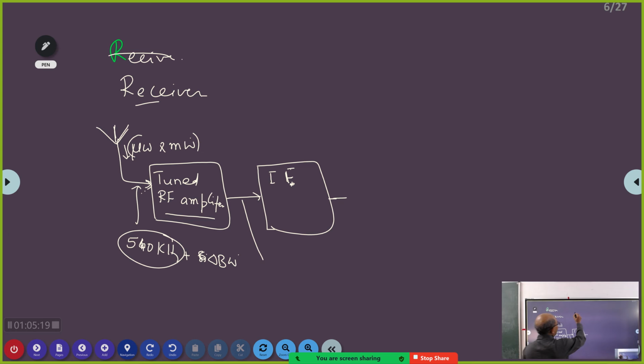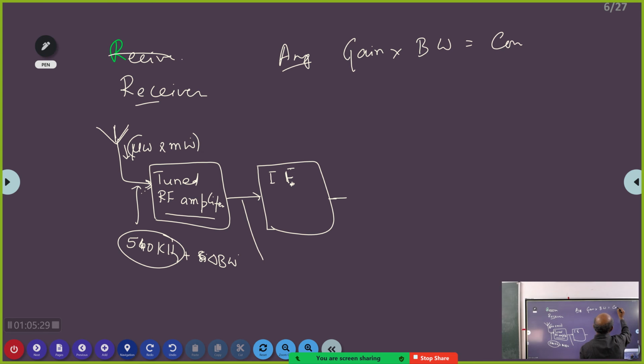Now, as I told you, in an amplifier there is something called gain into bandwidth, which is constant. So if you want higher gain, you have to settle for lower bandwidth, and if you want higher bandwidth, you have to sacrifice the gain. I suppose you understood this.